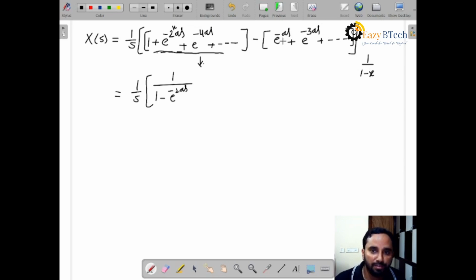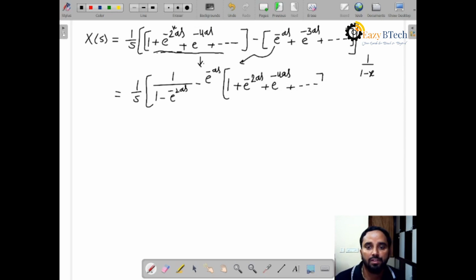Next, this one: minus, here I am taking e power minus as common from the second part. So you get again 1 plus e power minus 2as plus e power minus 4as, and so on. Right? By taking e power minus as common.